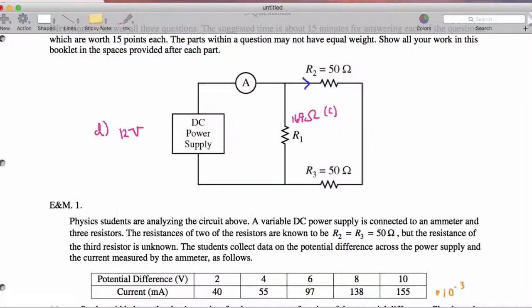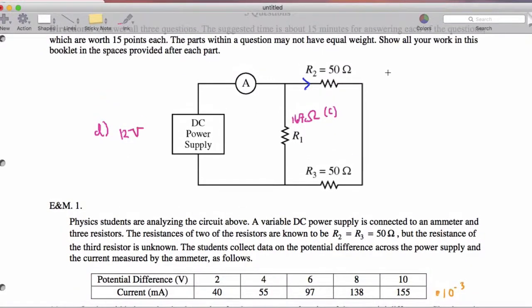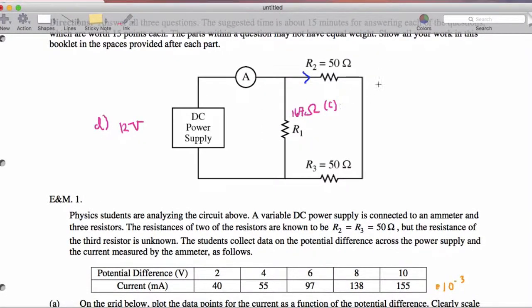We want the current through R2. So let's go ahead. We know the combined resistance is 62.5. We calculated that in a previous part. So I total is going to be 12 over 62.5. So 12 divided by 62.5 gets me 0.192 amps.